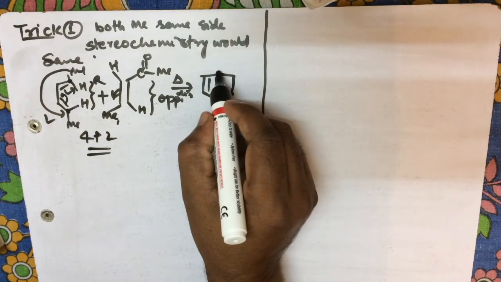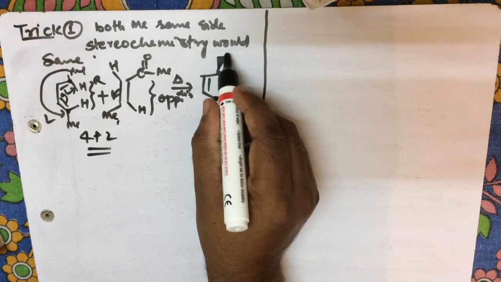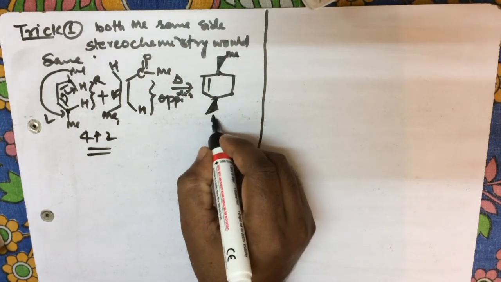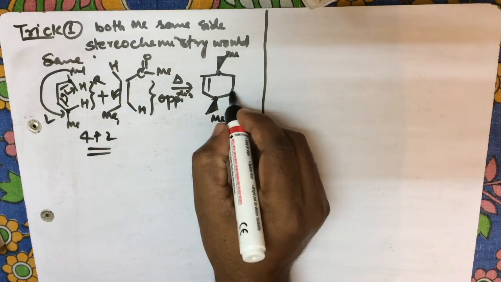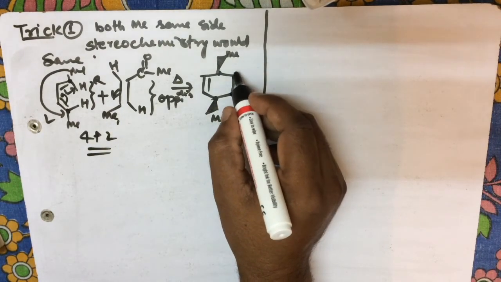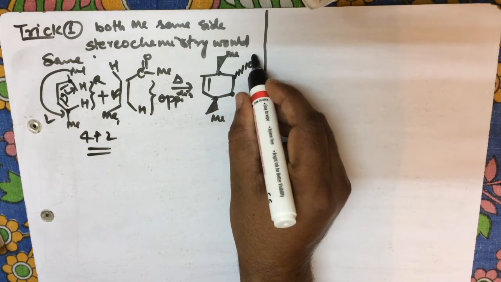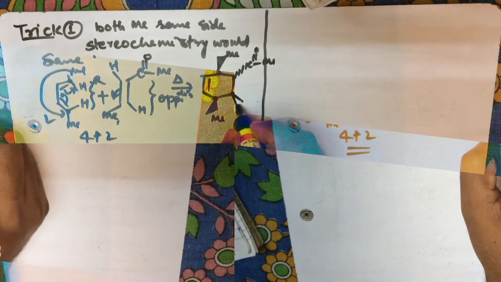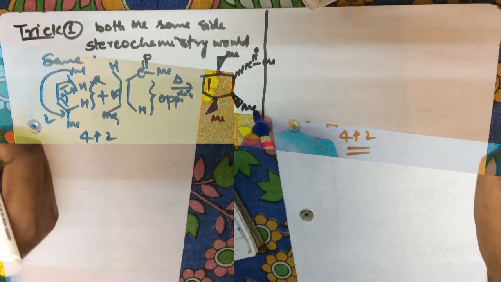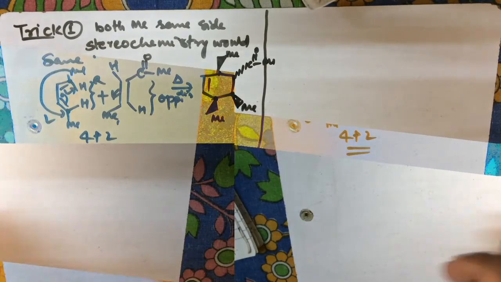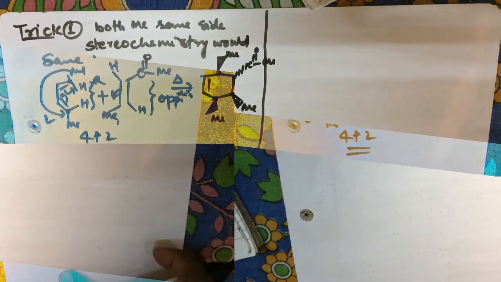So we can write above the plane, here the methyl, okay. But the stereochemistry will be changed for this carbon, both carbons. So the first one will be below the plane, C double bond O methyl, and this will be above the plane, okay. So this is the point I am trying to make.